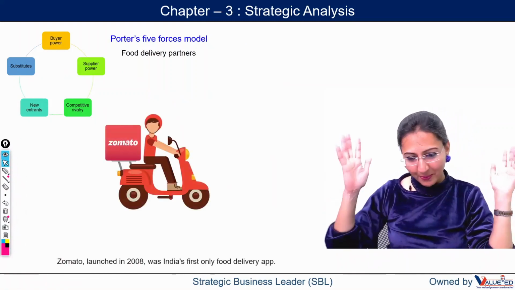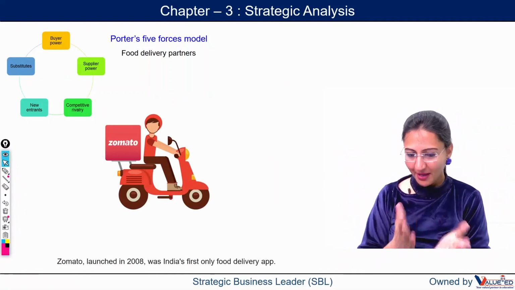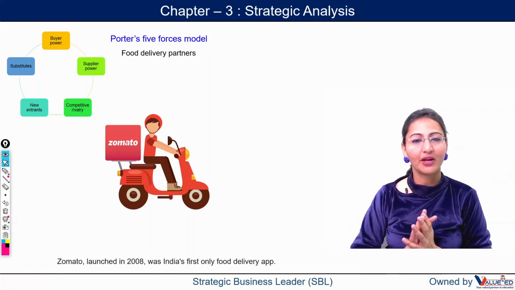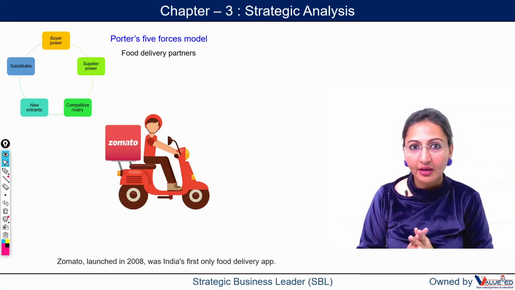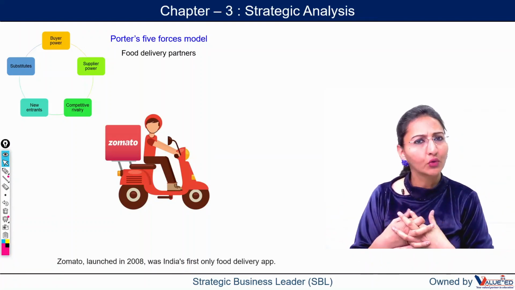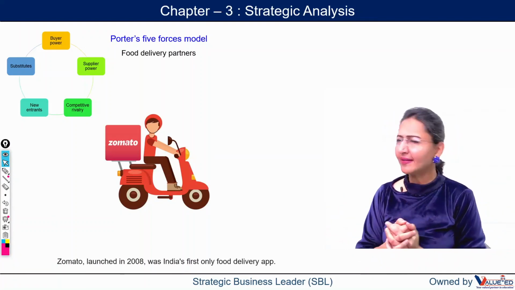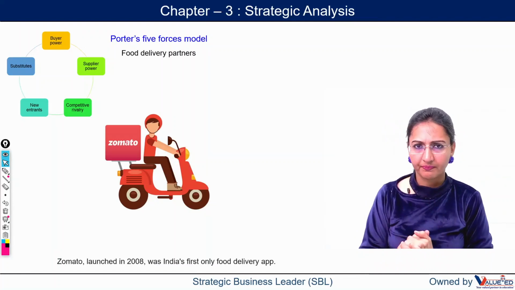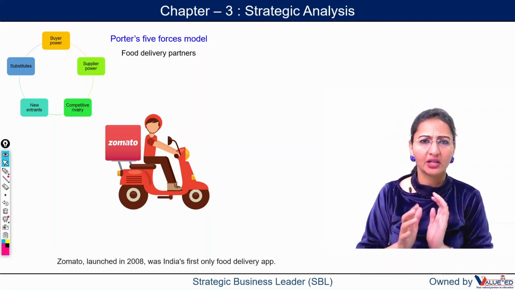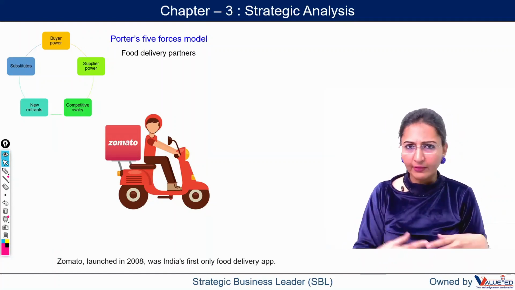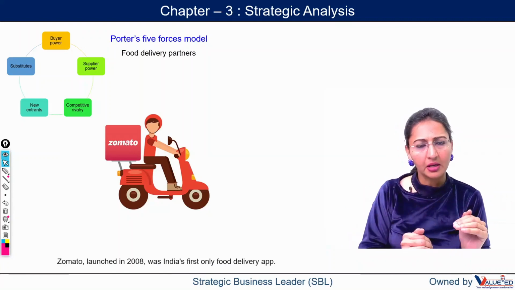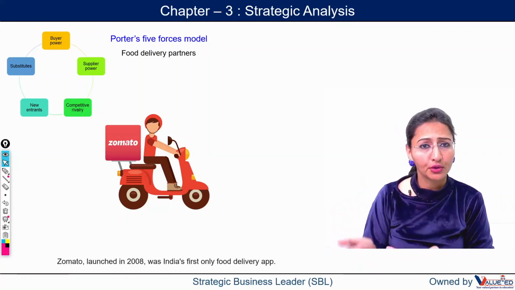Zomato. Back in 2008, Zomato became the first app in India where food delivery started happening at your own place, order anything and get any food at home. Before this, Domino's had started, but under a model where it makes its own pizza and delivers only its own pizza.